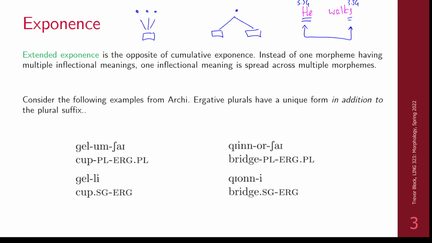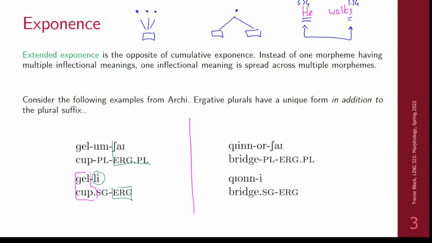And here is another example from a language called Archi. So here we have some ergative singulars on the bottom. So gel li, so gel is cup, and li is our ergative marker. It is singular, but there's no singular marking on the ergative. And now if we compare it to the example above, what do we see?